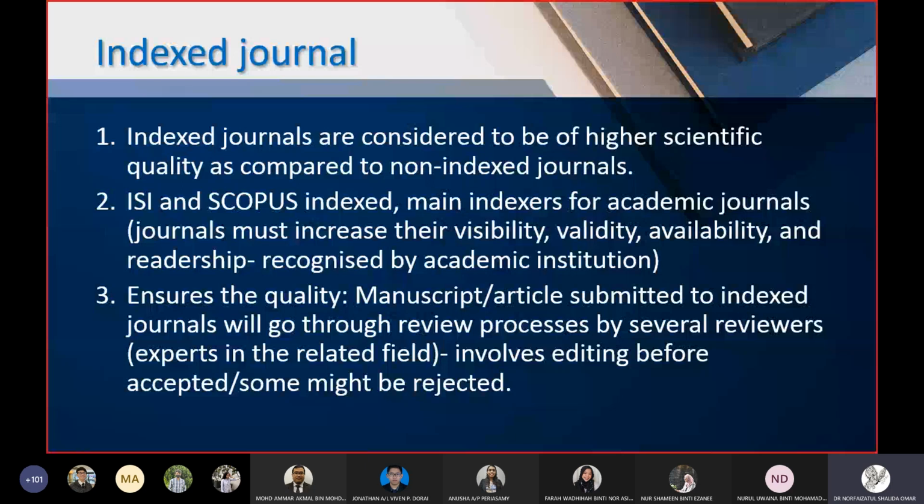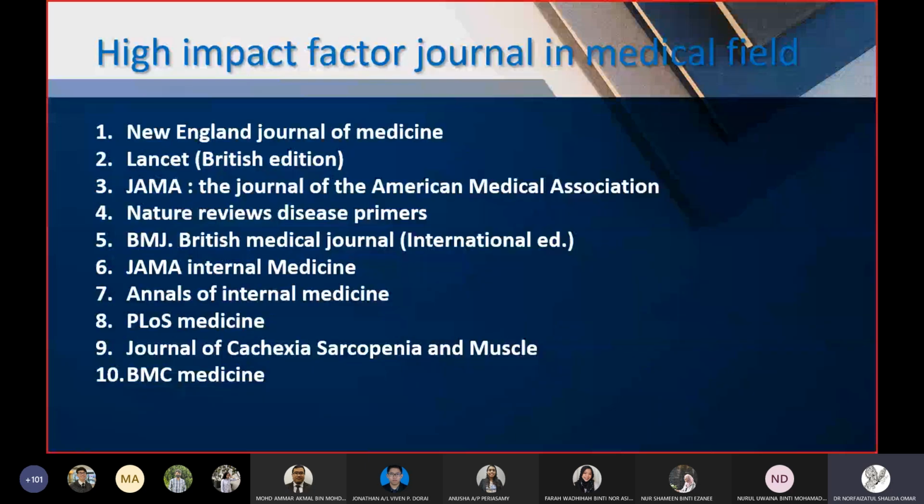Okay, just like us, you will see we are using the BMJ journal. Most of it is the BMJ, the British Medical Journal. In your internal medicine, even in surgery, I think all of them are using the British Medical Journal, so it's good. And some of it is in the Lancet, but all of these high impact factor journals, of course, need to be subscribed.